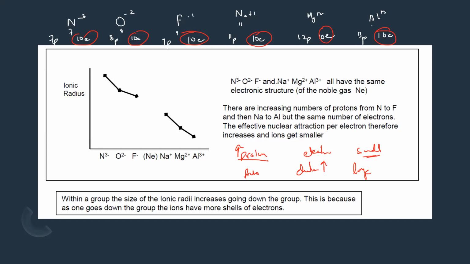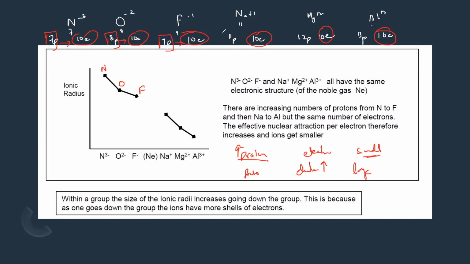Here 7 protons are attracting 10 electrons, 8 protons are attracting 10 electrons, and 9 protons are attracting 10 electrons. So which one will be larger in size? Because the difference in electron number compared with protons is greater for nitrogen, nitrogen will have the larger size, followed by oxygen and then fluorine.